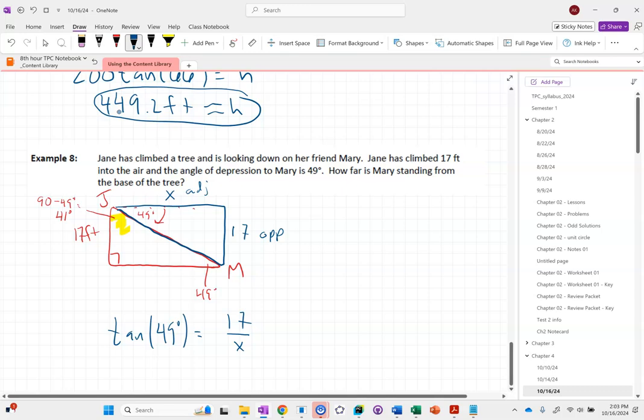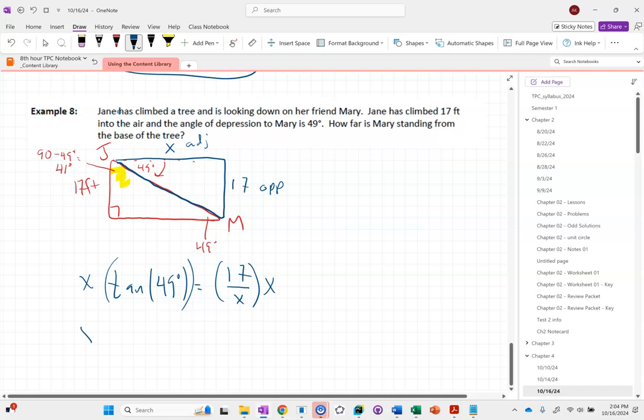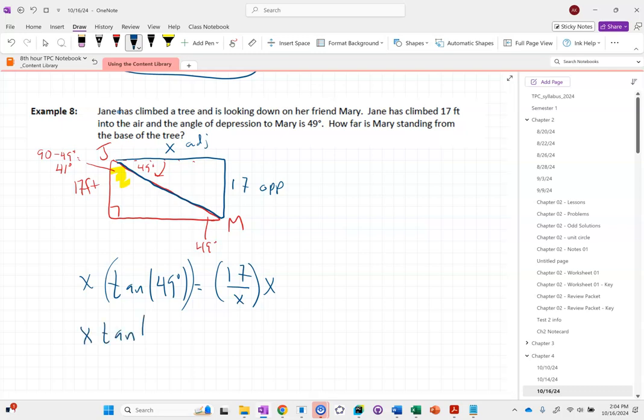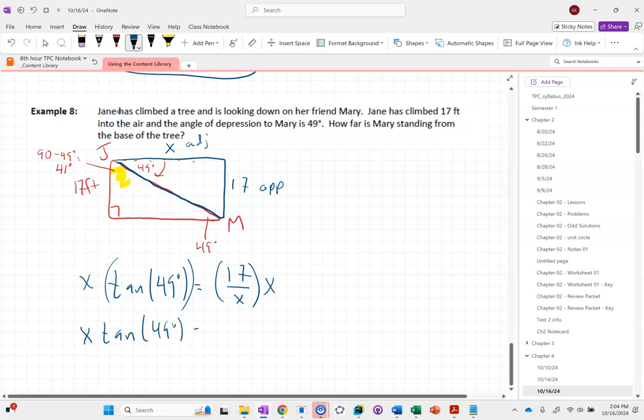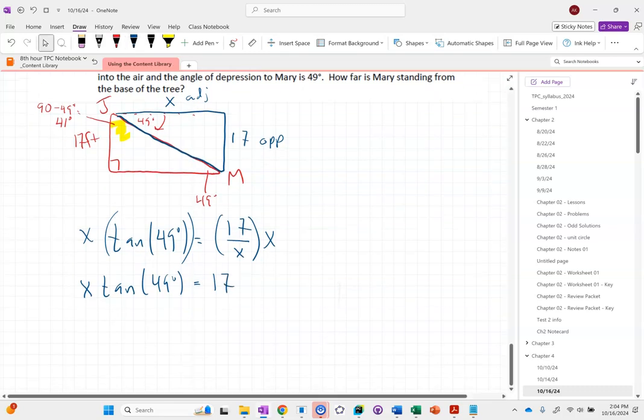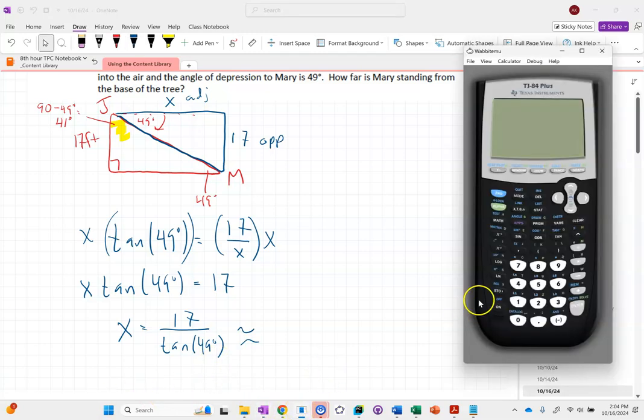Everybody's okay? To solve for x, I'm going to start by just getting it out of the denominator. So I'll multiply both sides by x. And then divide both sides by tan 49. And my calculator is already in degree mode.